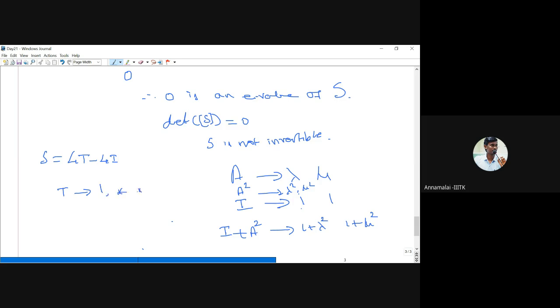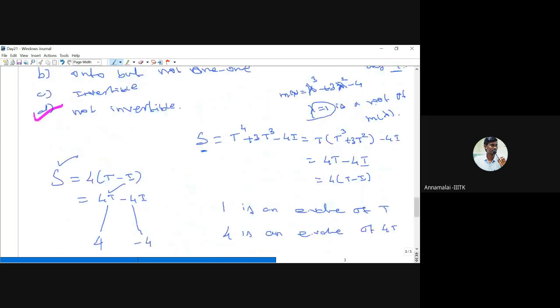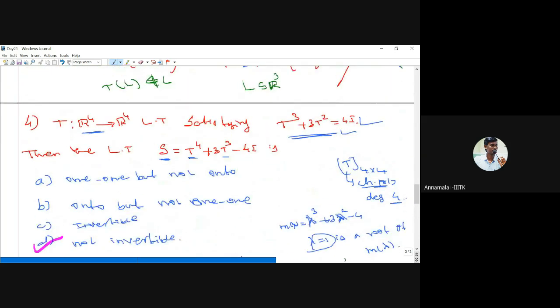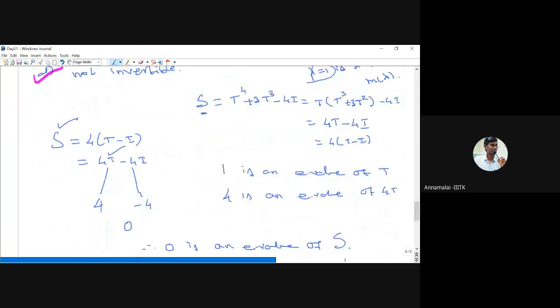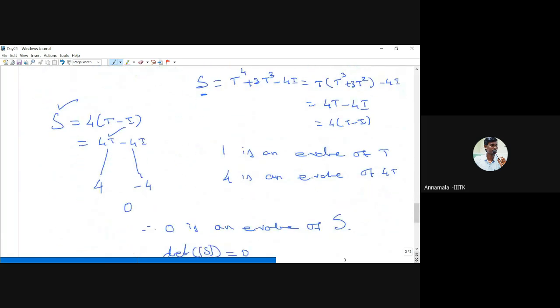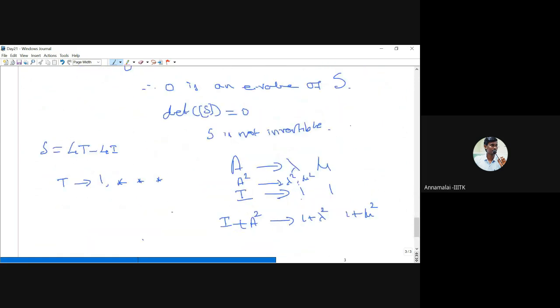We don't bother about the other three eigenvalues. Suppose I take the eigenvalues of T as 1, star, star, star. Star may be anything.